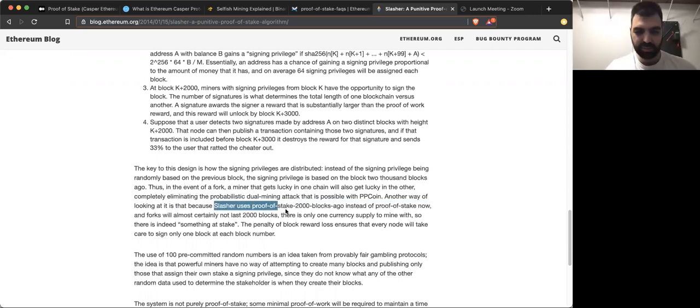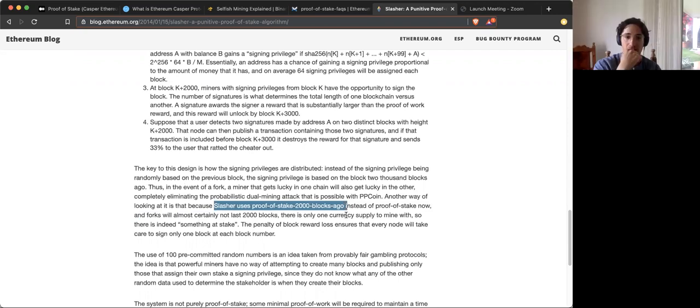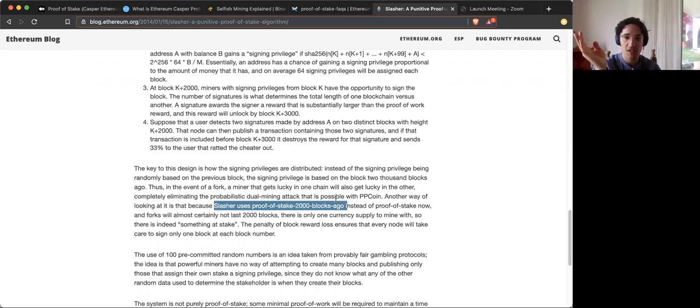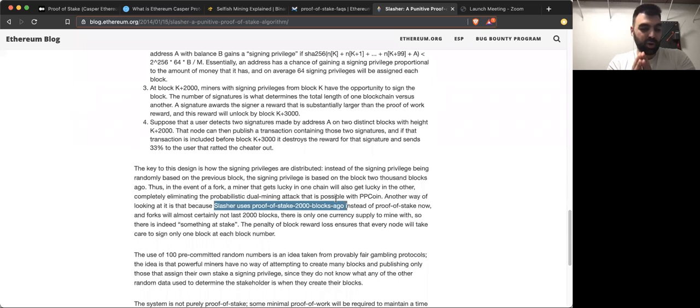So Slasher uses proof of stake 2,000 blocks ago. At every height, you know who the possible validators are because you know the block 2,000 blocks ago.